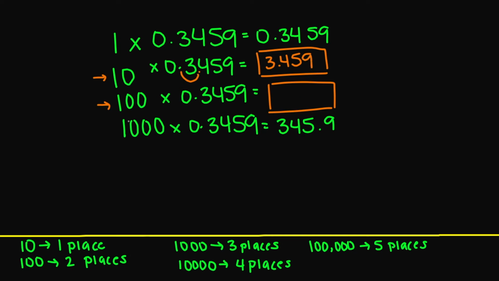And then if I multiply by 100, I need to move my decimal point 2 places to the right. That's going to be 1, 2. It puts me right here in between the 4 and the 5. So this is going to be 34.59. And then, of course, if you multiply by 1,000, you move 3 places to the right. So 1, 2, 3. It puts us right here between the 5 and the 9, which is what we have here.